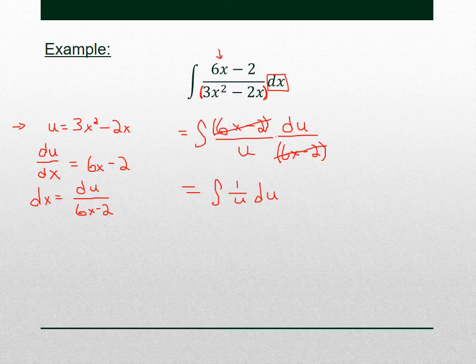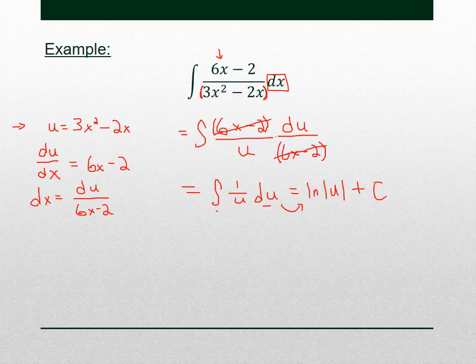Right, so now what's the antiderivative of 1 over u with respect to u? Well, remember from last section, that's the natural log of the absolute value of u plus c. All right, so there it is. We took the antiderivative. Again, like I was talking about in the last video, notice that once I took that antiderivative, I stopped writing these integral and du symbols, right?